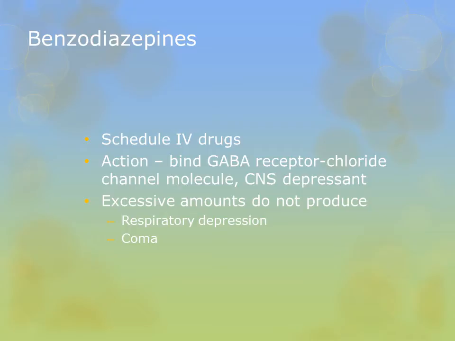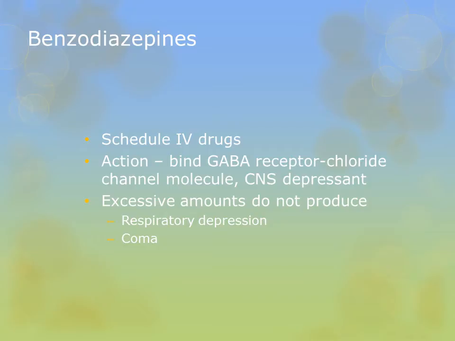So one of the things that you have to do, because I'm not going to cover it, is go back and refresh your memory on the sleep cycle. What does REM sleep do for us, and how does shortening the amount of time the patient spends in REM sleep adversely affect them? So use your detective skills.